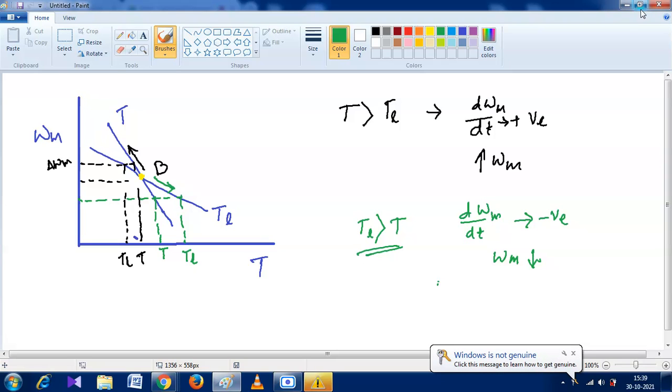From that sign, we can easily see whether the motor speed will increase or decrease. From that, we can say whether the system goes back to the operating point or goes away from it, and so whether the equilibrium point is stable or not. I hope you have understood how to check whether the equilibrium point is stable or not.